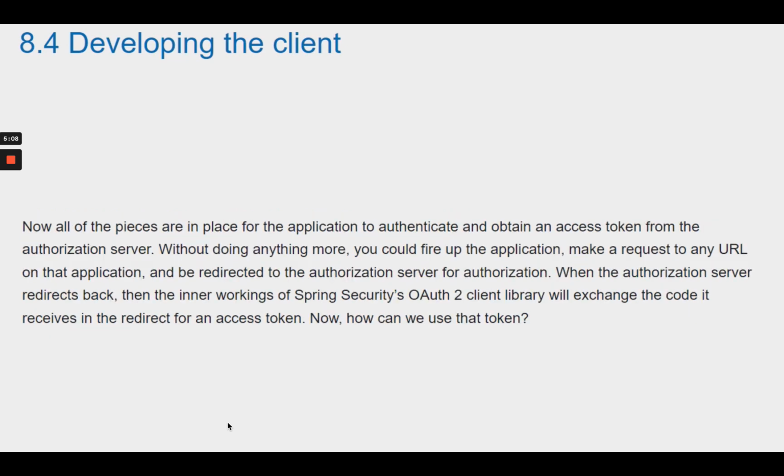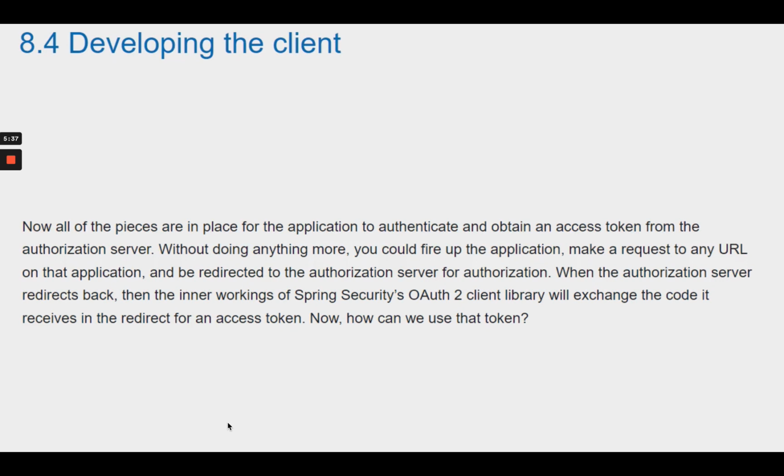Now all of the pieces are in place for the application to authenticate and obtain an access token from the authorization server. Without doing anything more, you could fire up the application, make a request to any URL on that application, and be redirected to the authorization server for authorization. When the authorization server redirects back, then the inner workings of Spring Security's OAuth 2 client library will exchange the code it receives in the redirect for an access token.